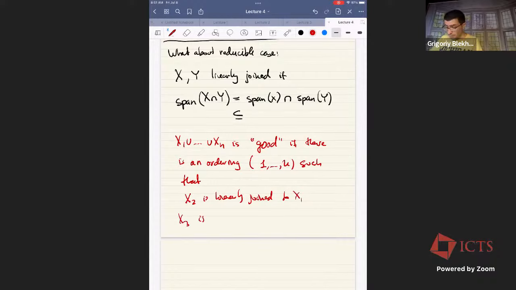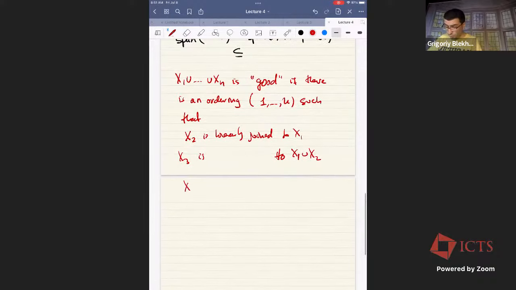X3 is linearly joined to X1 union X2. X4 is linearly joined to X1 union X2 union X3, and so on, up to Xn. So Xn is linearly joined to X1 union X2 union ... union X_{n-1}.